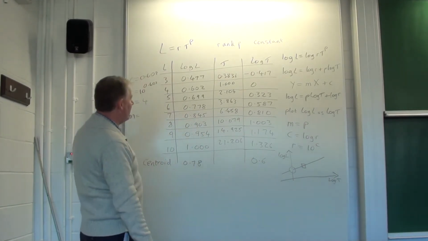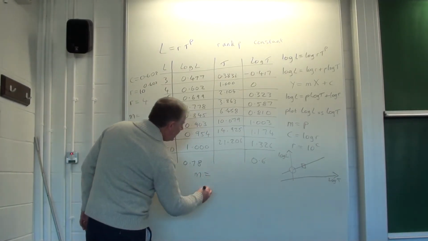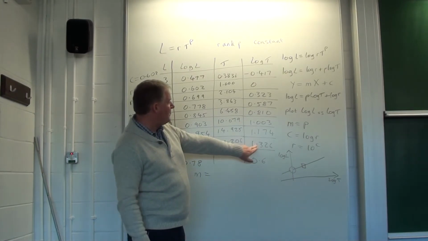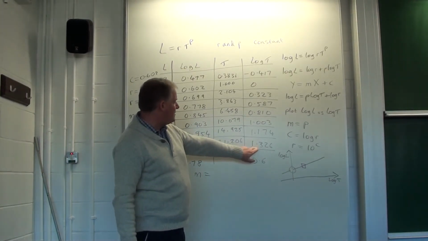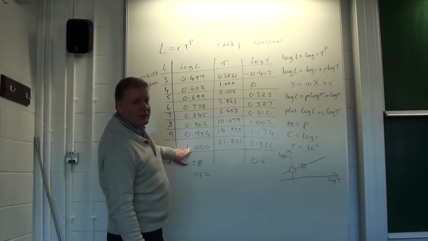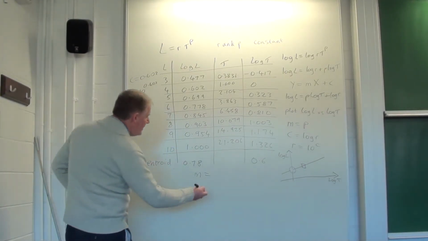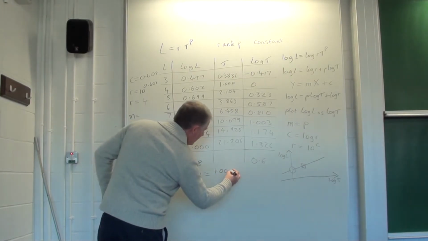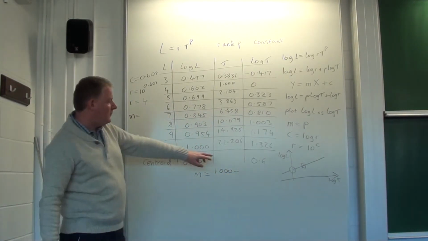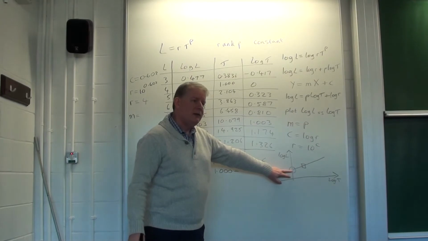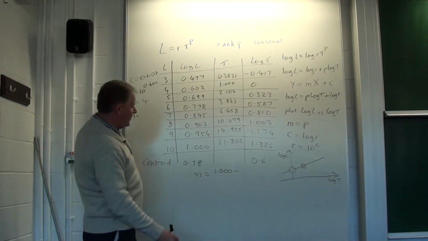So m equals, well, you know it's passing through 1.326 and 1.00.